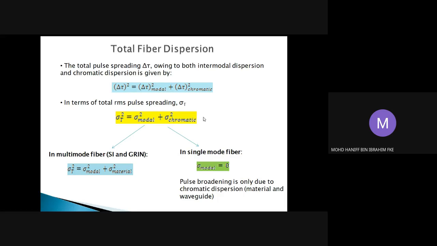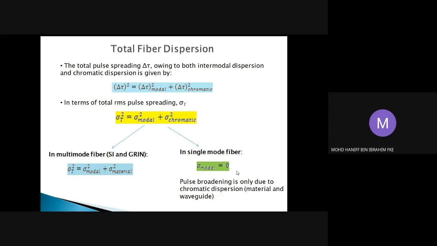For the two types of fiber optics, here is a conclusion. When we have a multimode fiber, whether step index or graded index, the total dispersion shall consider both the intermodal effect and the chromatic effect.